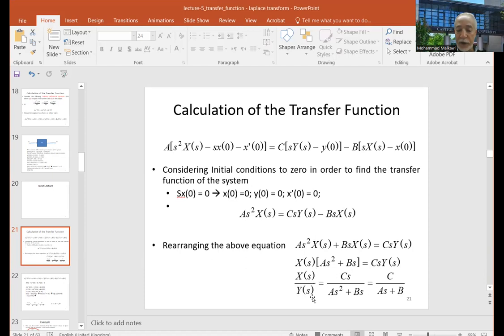And then if I divide x by y, I will get c s divided by a s squared plus b s, which is equal to c divided by a s plus b. Because here if I take s out, I have one function here.